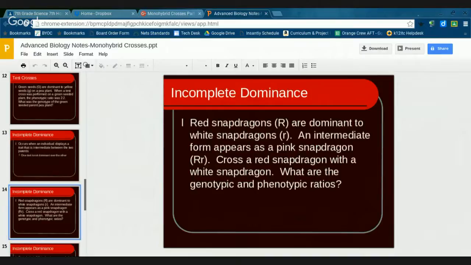Go ahead and fill out the Punnett square there, because you're going to cross a red snapdragon with a white snapdragon. So the red snapdragon, the parent on top of the Punnett square, is going to be homozygous dominant, because if it was heterozygous, it would be pink.